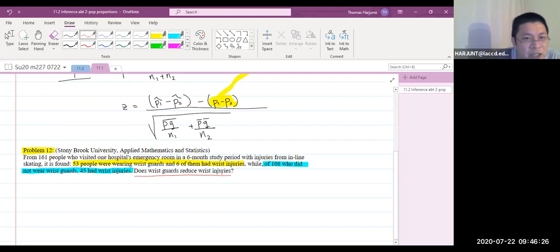Now you can change these wrist guards into wearing a mask and getting COVID-19. Or for example, study and pass the class. Study not passing the class. Okay, so there are many ways. So people may say, well, I study so hard, I don't pass the class. And then somebody proudly says, I didn't study and I didn't pass the class.